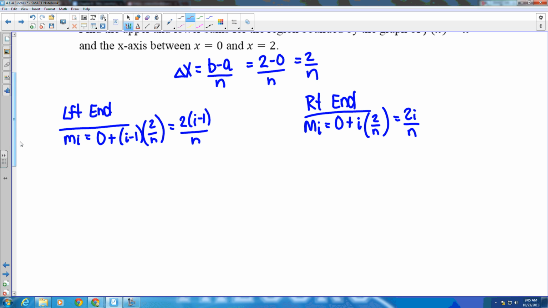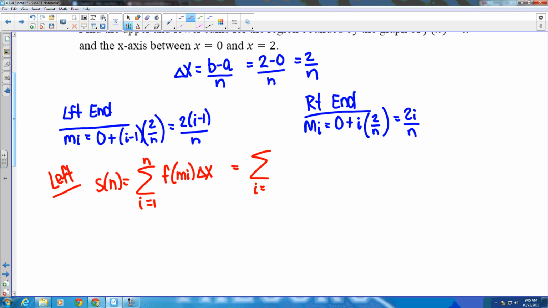So let's start with the left. Our sum is equal to the summation from 1 to n of f of little m_i times delta x, which is f of, and we figured out what our little m_i was, 2 times (i minus 1) over n, times delta x, which is 2 over n.